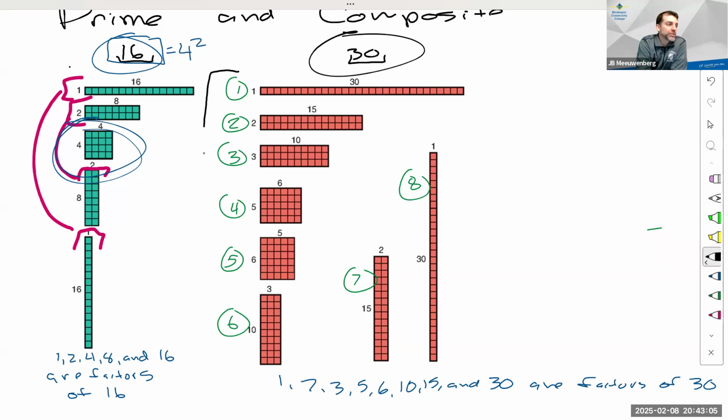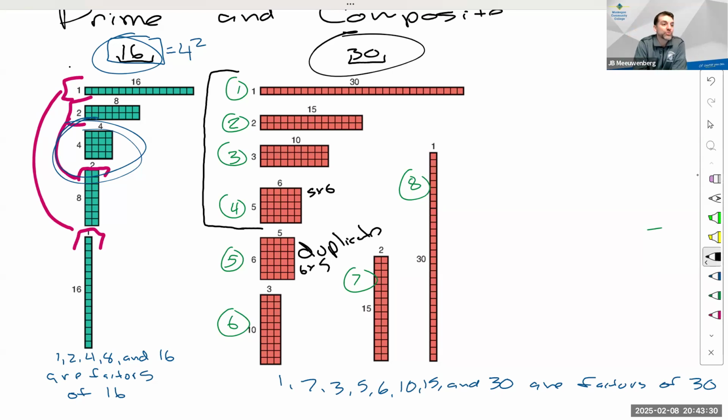Well, we only had to do these first four. After we got to 5, we started to duplicate factors. We found that this was, right, 5 times 6, but 6 times 5 is really the same thing. It gives us the same factors. And so once we get here, then we start to just repeat things we already knew.